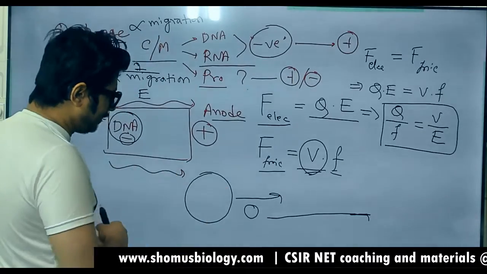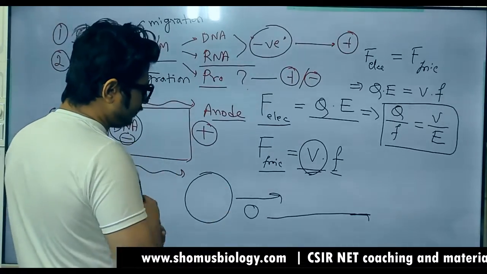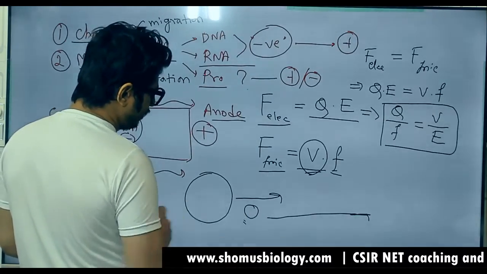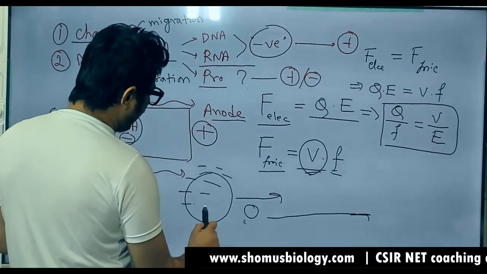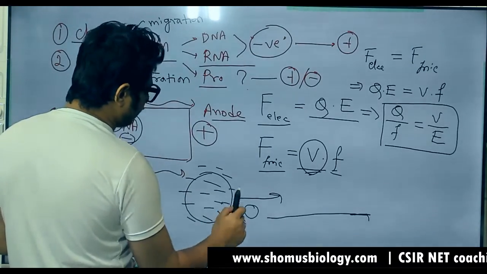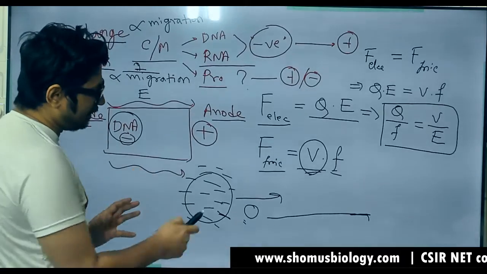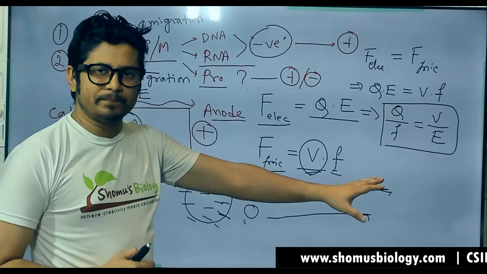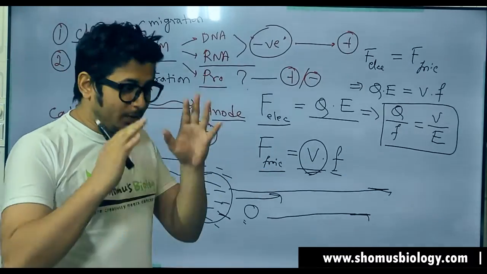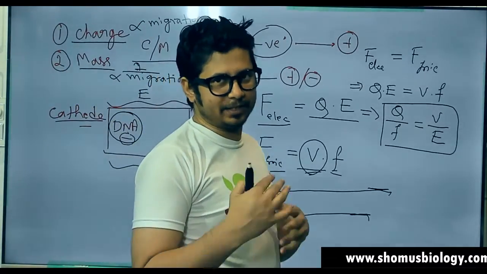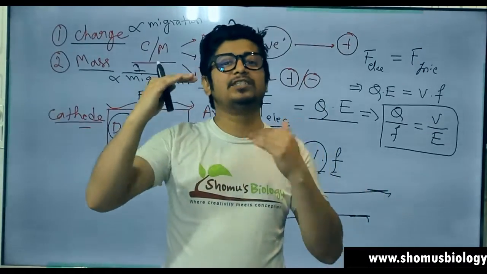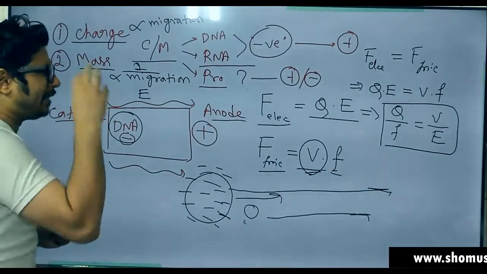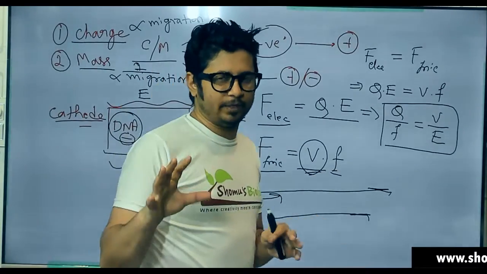But on the other hand, if the small one has very little charge and the large one has a very high negative charge, then as it has more negative charge, it will move further towards the plus end of the electrode. So not only the mass matters in electrophoresis, the charge to mass ratio matters a lot. This is the basic principle of any kind of electrophoresis.